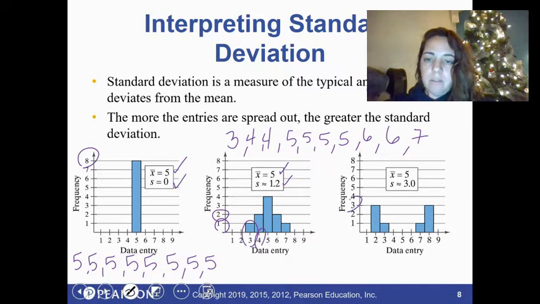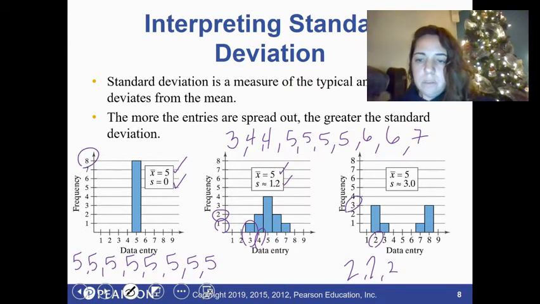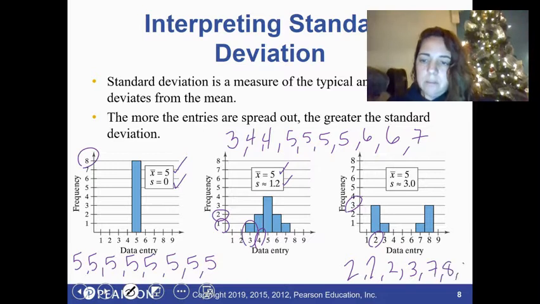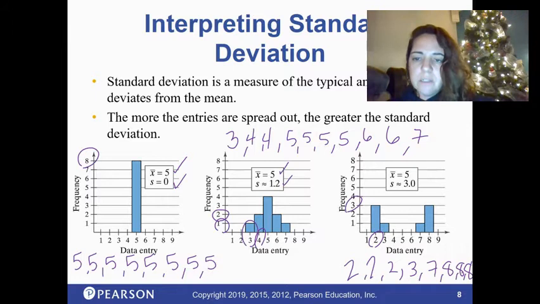Well, we've got 3 of these 2s, so 1, 2, 3 of those. We've got 1 of these 3s, 1 7, and then 3 8s. Oh, I ran out of room. So this is the original data down here.